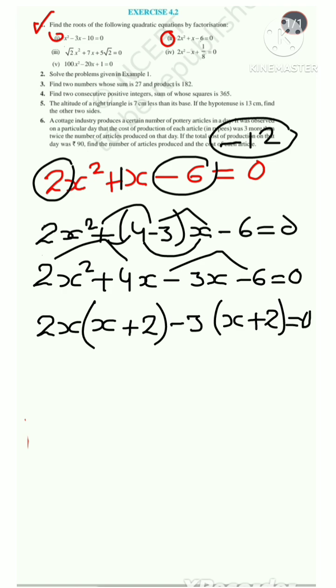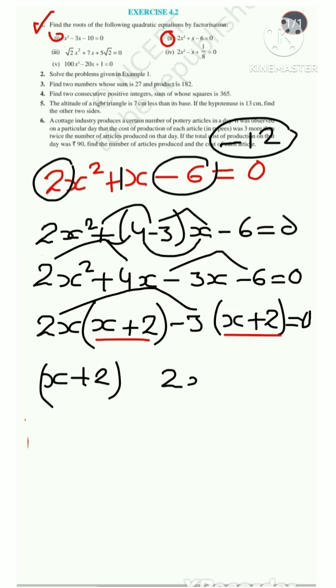Now x plus 2 and this x plus 2 are common, x plus 2, and here remains 2x minus 3, 2x minus 3 equal to 0.